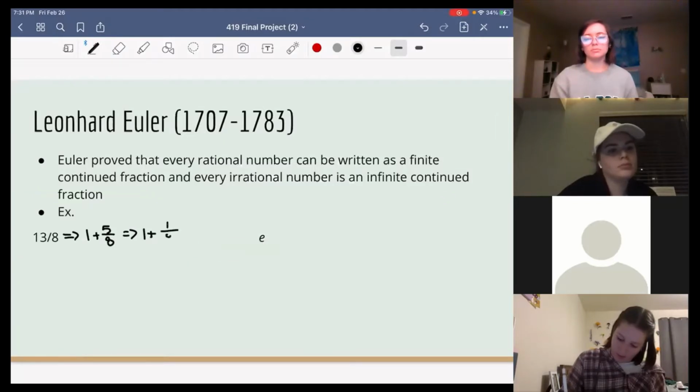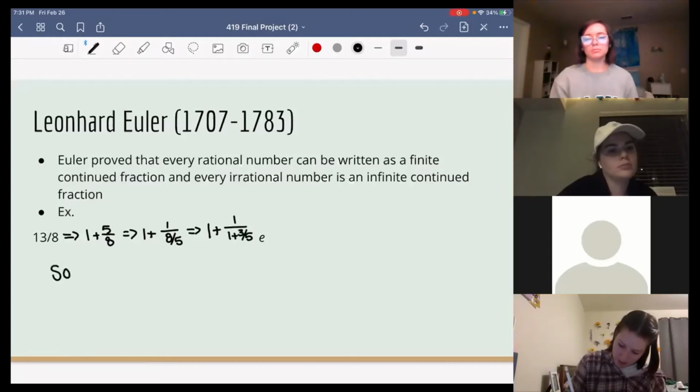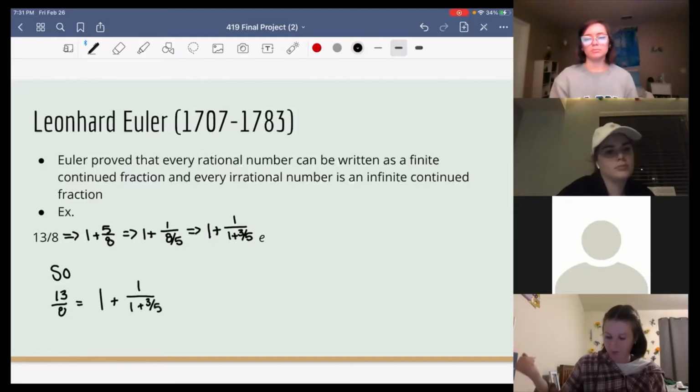over 8/5. Then 1 plus 1 over 1 plus 3/5. And so 13 over 8 is equal to 1 plus 1 over 1 plus 1 over 1 plus 1 over 1 plus 1 over 2, and so on.